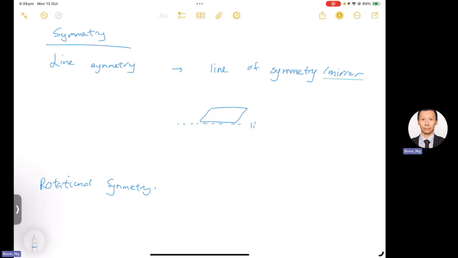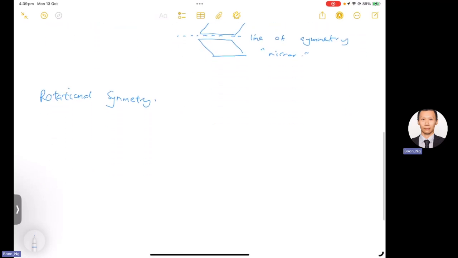This is the line of symmetry, and the image will be like this. But we do not call it a mirror, although the line of symmetry does act like a mirror. Now, this one is easy.